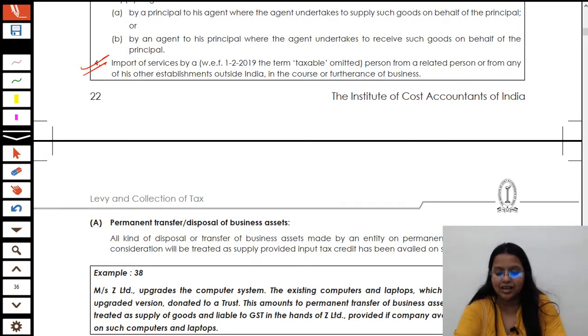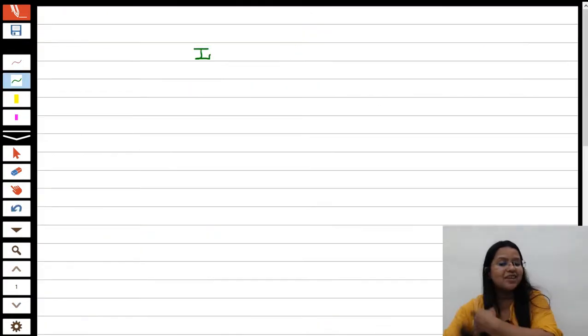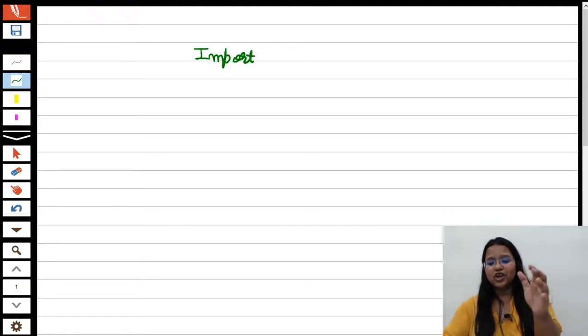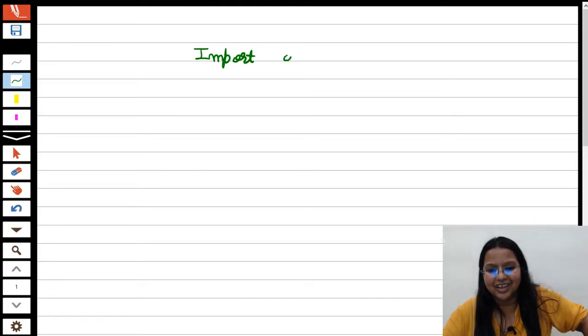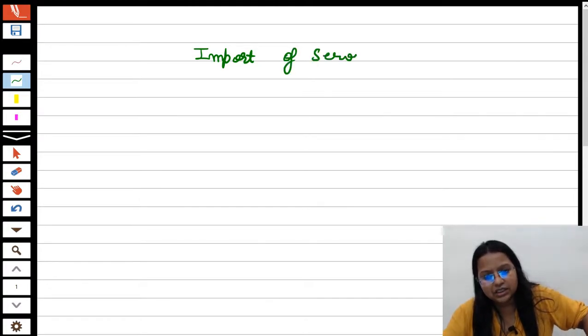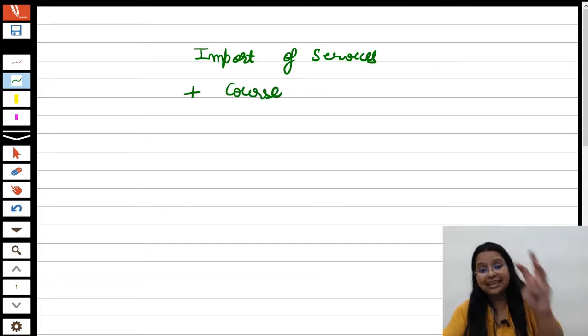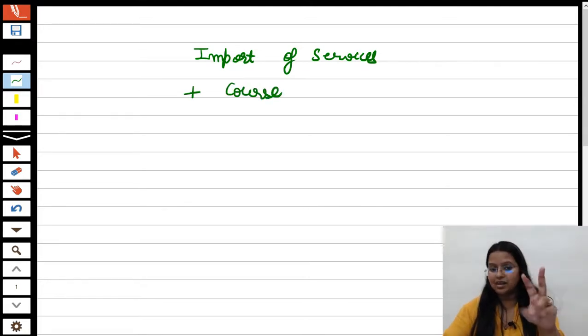Let's understand it. Now students, in para number 4 they said that if there is an import of service, now you might be thinking, ma'am, Section 7 Sub-section 1 Clause B is something different. Import of service plus it is in the course or furtherance of business. Yes, because from the 3 basic parameters, at least 2 must be satisfied always.